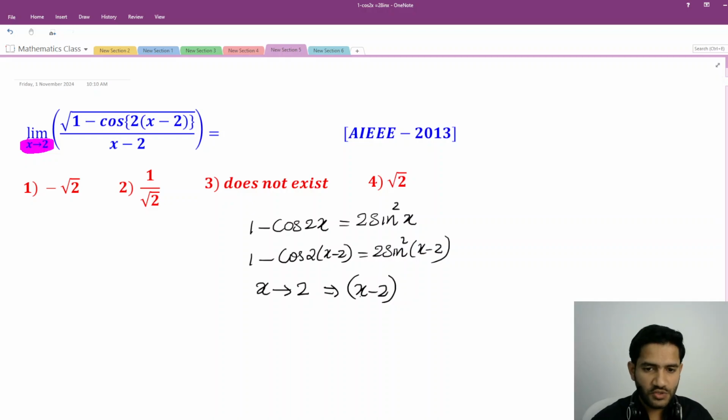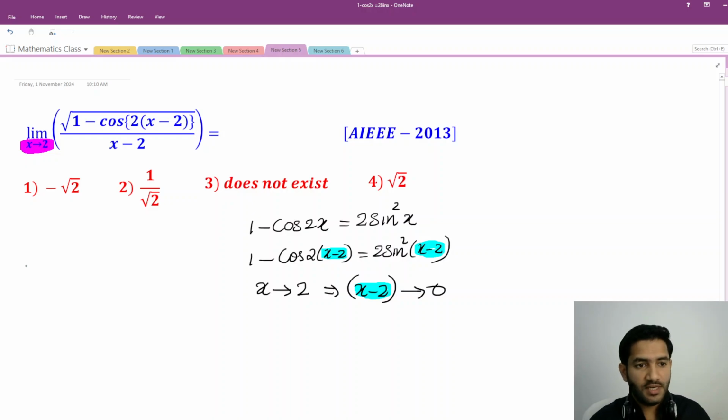If x is equal to 2, then x minus 2 is equal to 0. So we have converted all the variables x in terms of x minus 2. Now we have the variable x minus 2, not x. So we can change the question.